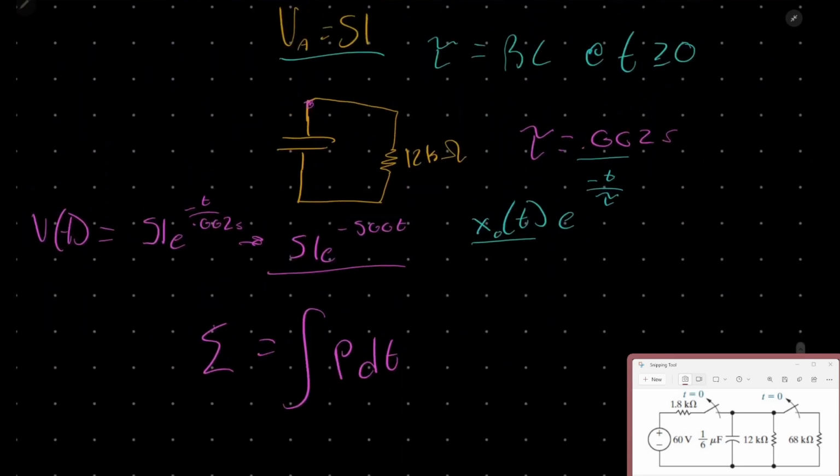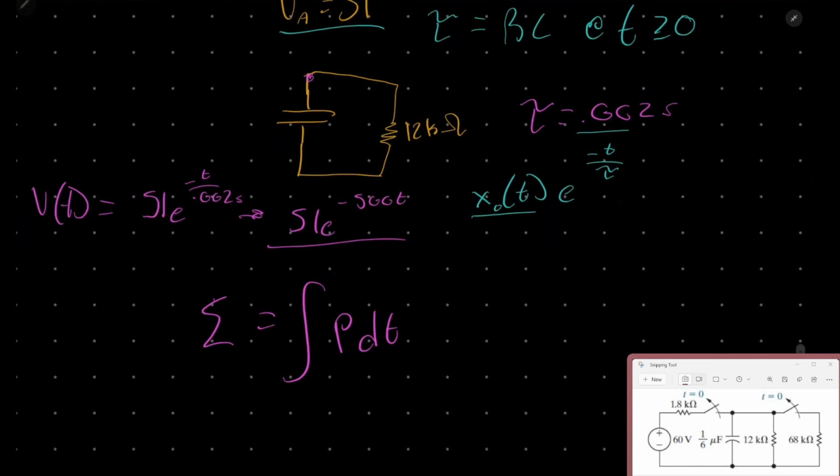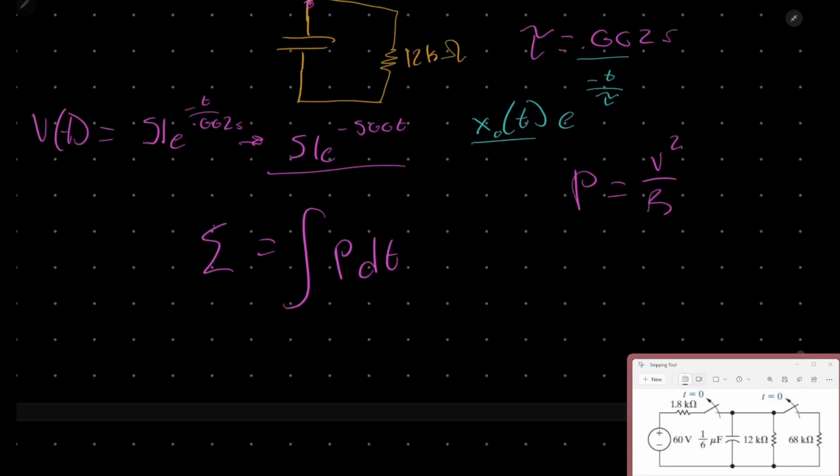And we need the energy at 1.6 milliseconds through this resistor, the 12K resistor. So we need to remember what we have. We have voltage and resistance. And there's a formula for power with voltage and resistance, which is V squared over R. So we're going to plug that into our energy equation right here.